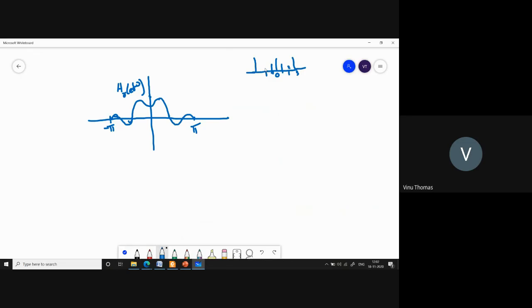So this is -2, and this is -3. So you have a symmetric impulse response maybe. So this is your symmetric impulse response. So maybe corresponding to this symmetric impulse response, I have a frequency response which we have seen in the previous class as purely real.